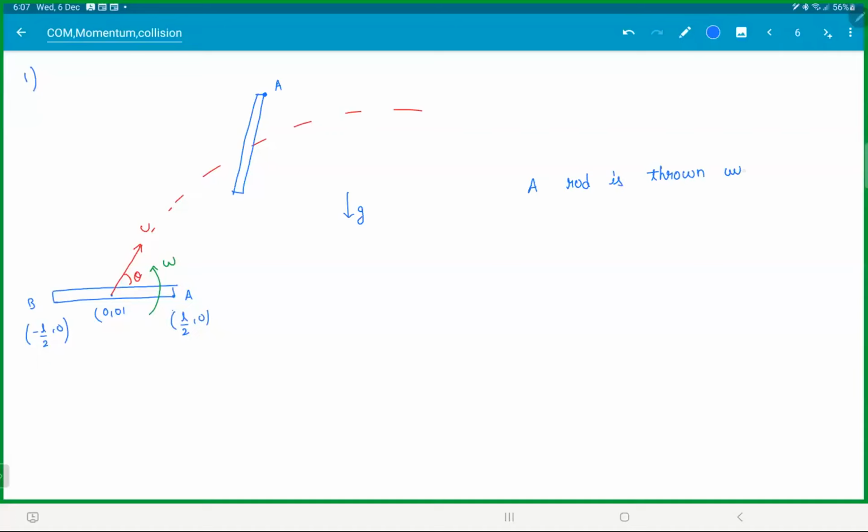A rod is thrown with speed U, angle theta. Find the coordinates of A as function of time t. So you threw a rod with rotation and translation, meaning you projected it also with the angular velocity omega. Find the coordinates of point A as function of time t.